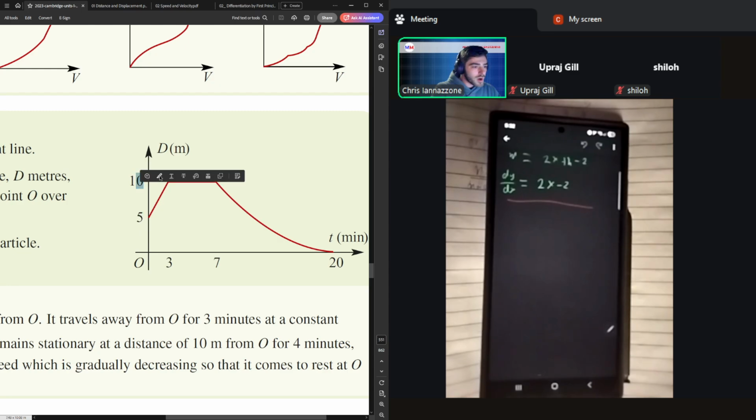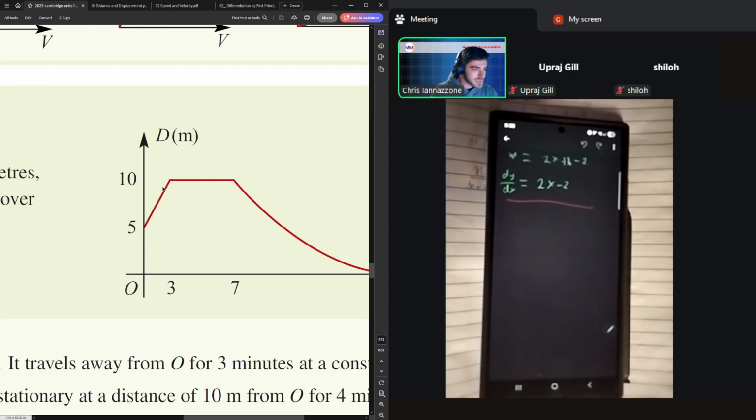Whatever y value you have is the distance from that point to the origin. So for instance, at time equals 3, you are 10 meters away from the origin. At time equals 7, you are still 10 meters away from the origin. You haven't actually moved in this section at all.